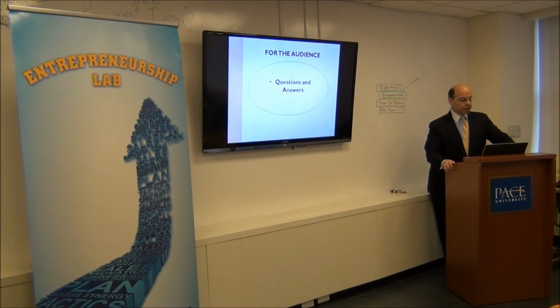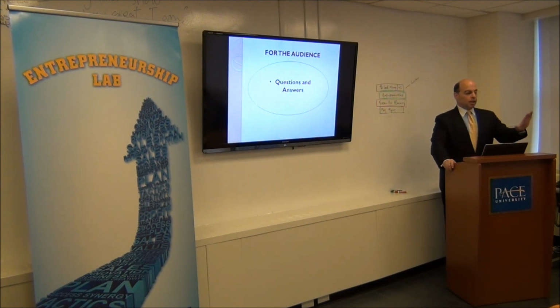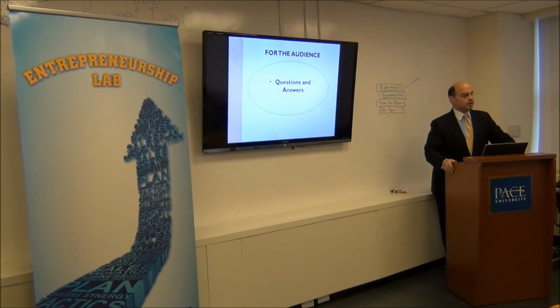Well, now I'm going to turn it over to the audience, but in closing, last week we discussed basic financial statements: the balance sheet, income statement, statement of cash flows, assets equals liabilities plus stockholders' equity.